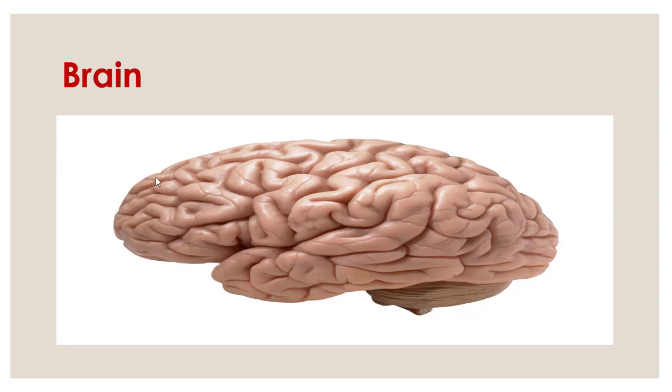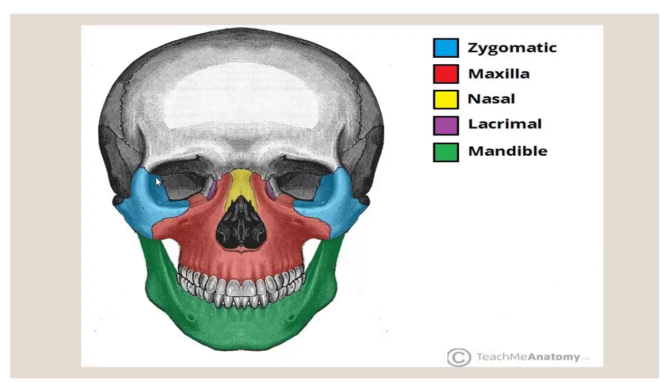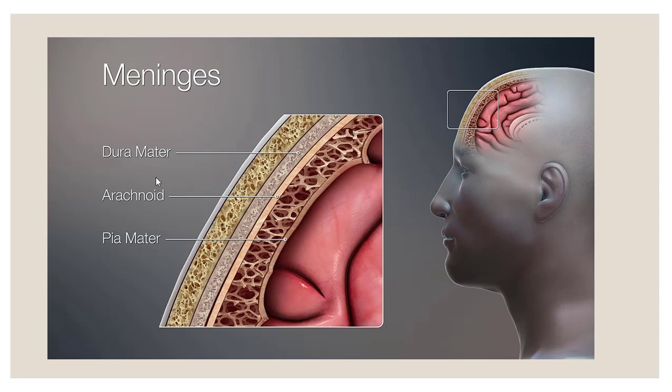It's found inside a strong bone case called the brain case or skull to protect the brain, like we show here in this picture, which illustrates the skull, which protects the brain, and three important membranes surrounding the brain.